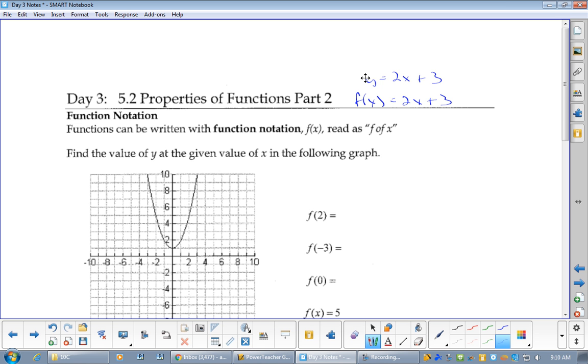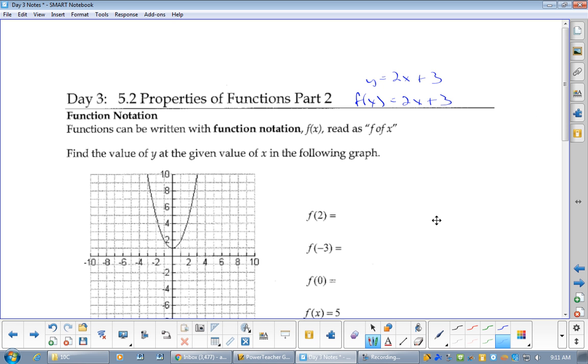So if I put f of 5, it's like this thing's like a sausage machine, right? If you put x in, you get 2x plus 3. If you put a 5 in here, f of 5, it means, what does this thing equal when I put 5 in it? And then you'll go 2 times 5 plus 3. Oh, that's 13.